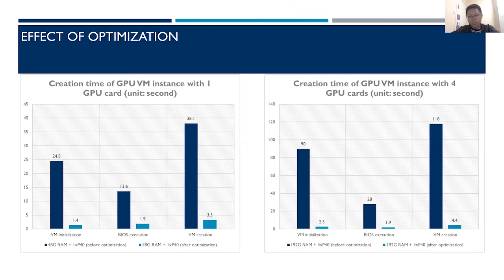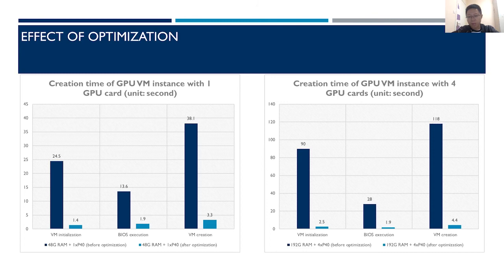And this page shows the creation time of a GPU virtual machine instance with 1 GPU card and 48 gigabytes RAM. Before optimization, it takes about 38 seconds. After optimization, it only takes 3.3 seconds.